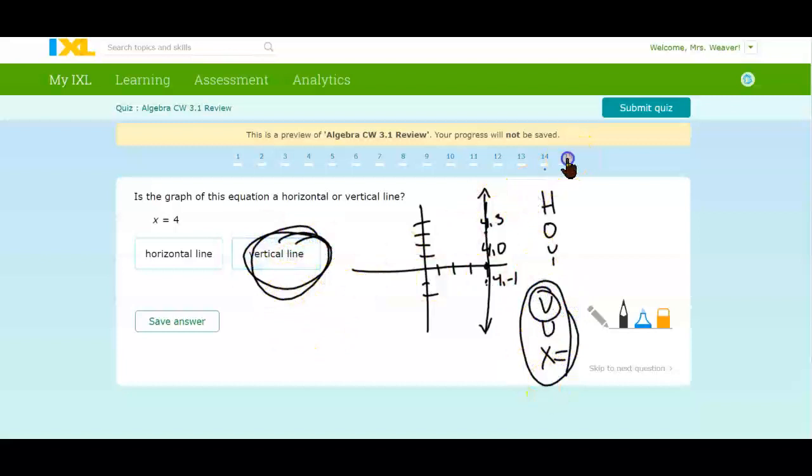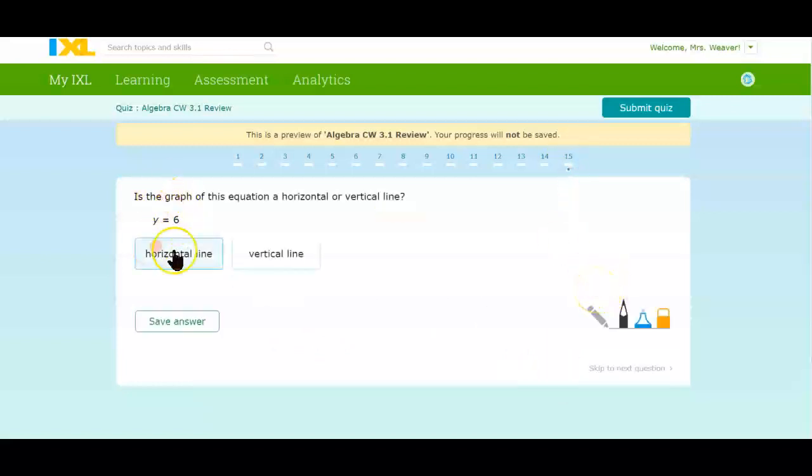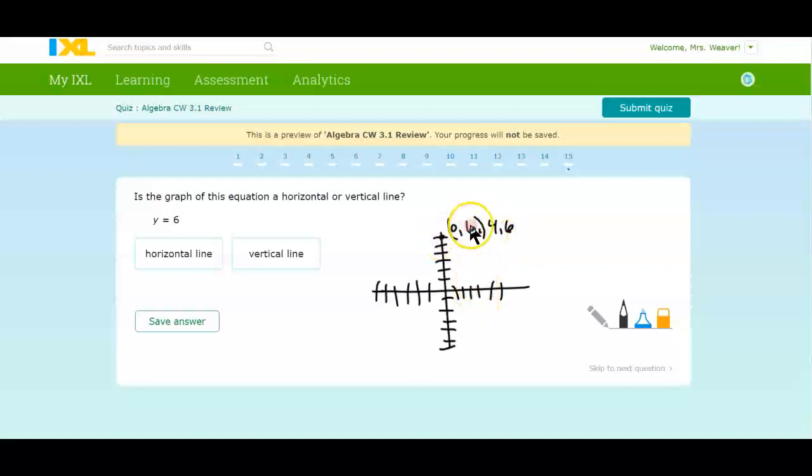And then finally, for number 15, this gives me y equals, so if I tried graphing some points where y was 6, then that would be like 0, 6, and 4, 6, and -6, 6, and I'd see if I connect those points, I get a horizontal line.